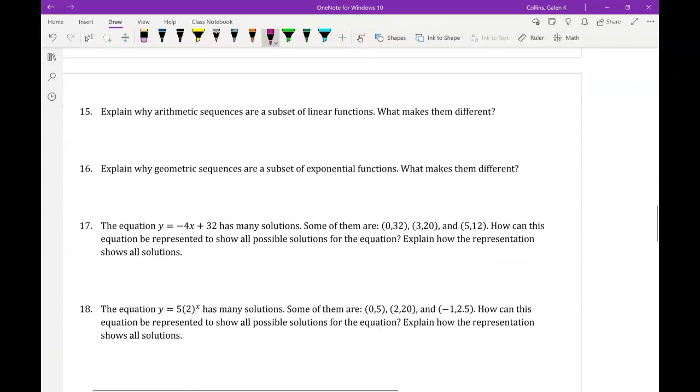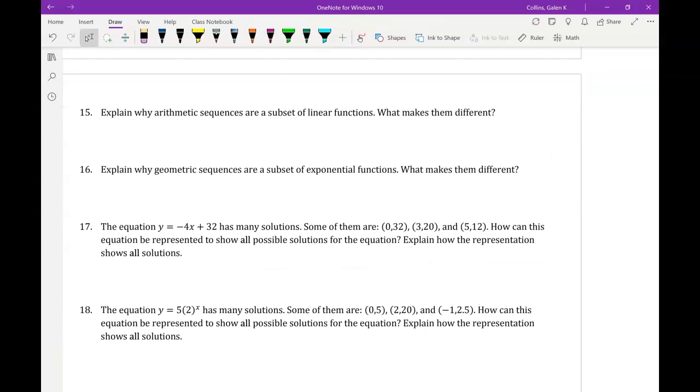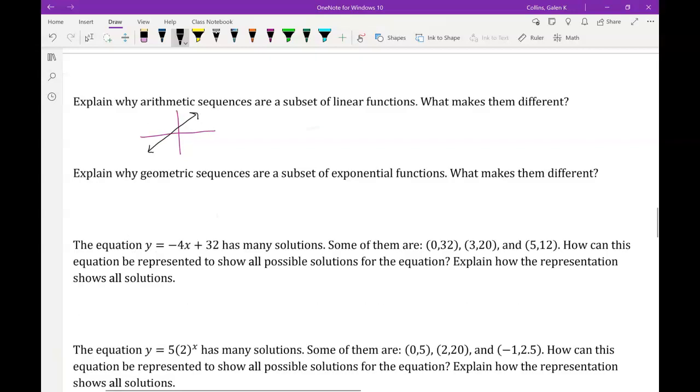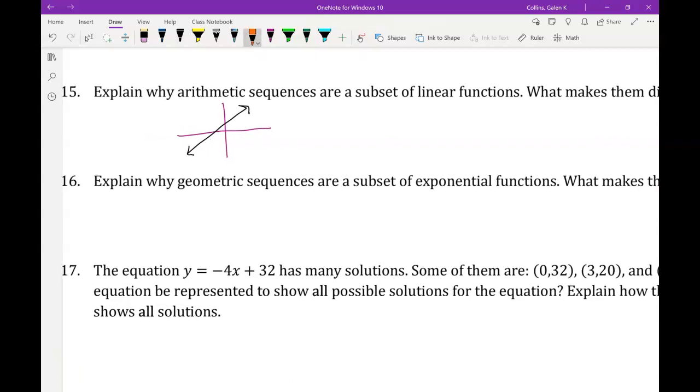So, okay, let's see. Number 15, explain why arithmetic sequences are a subset of linear functions. What makes them different? Well, if you just think of any linear function, we said that a continuous function, rather, I would connect all of the points when I graph it.